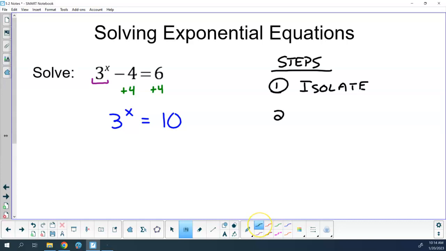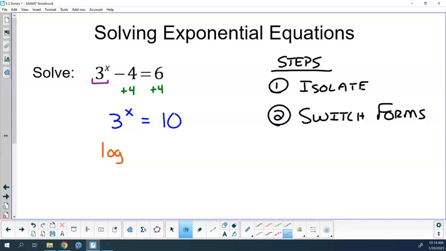Step number 2 says I'm going to switch forms. This one's in exponential form, so I need to switch it to logarithmic form. If I switch it to logarithmic form, I'd have log, what would the base be? 3 of 10, because 10 is my argument, equals my exponent, which was, in this case, x.